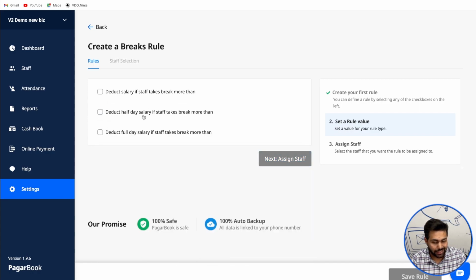First is deduct salary, second is half day salary, and again full day salary. So whenever a staff takes excess break, let's take an example. If the owner or employer allows 1 hour break and staff is taking break more than 1 hour, fine will be applied. The amount will be deducted in the same manner as it was for late entry.